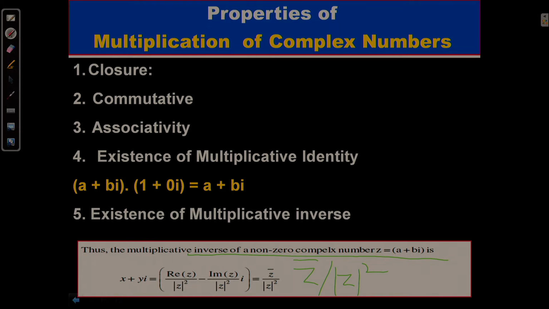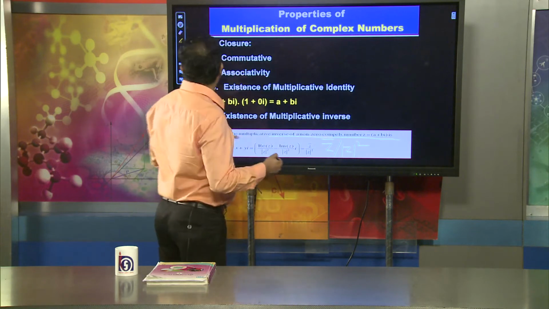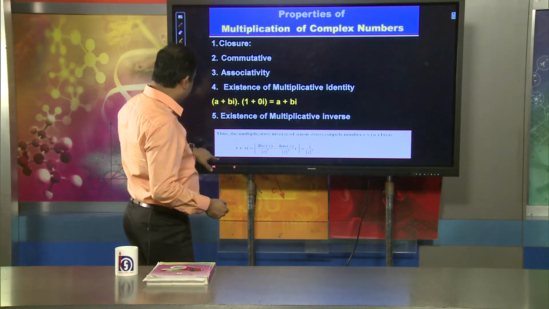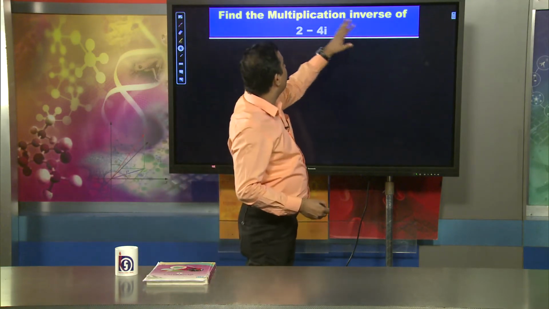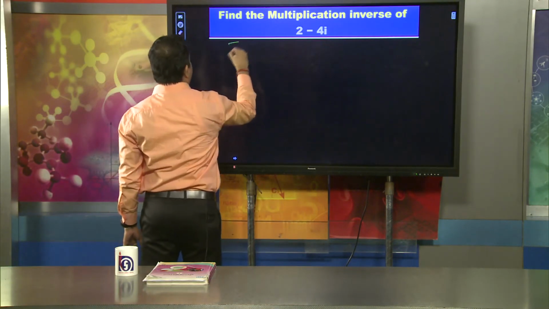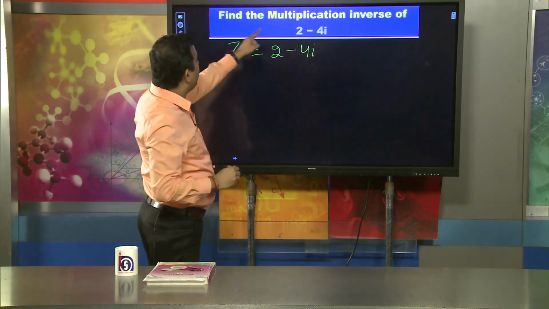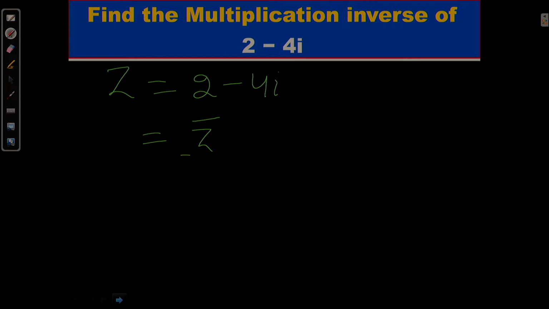Suppose we have to find the multiplicative inverse of 2 minus 4i. Suppose z equals 2 minus 4i. Then the multiplicative inverse equals z conjugate divided by z modulus whole square.